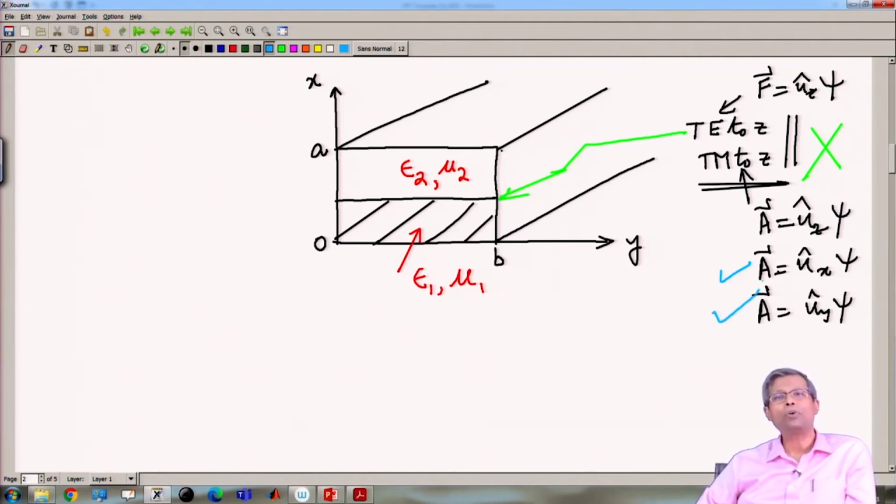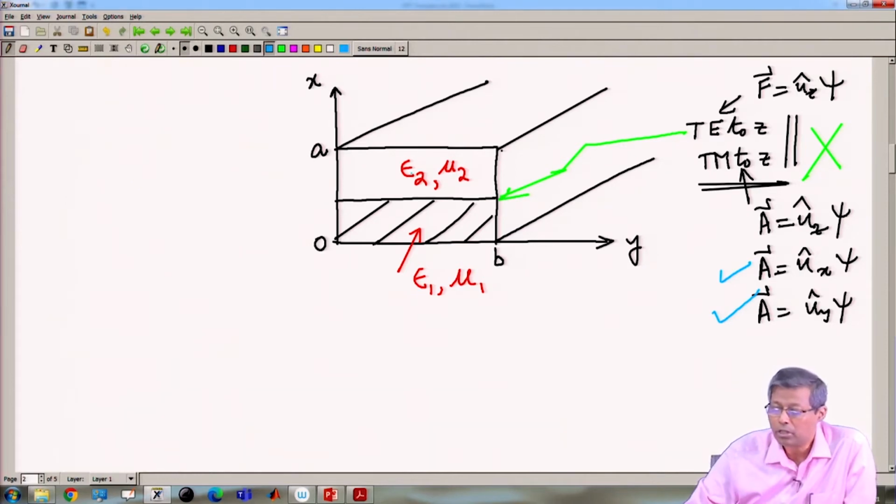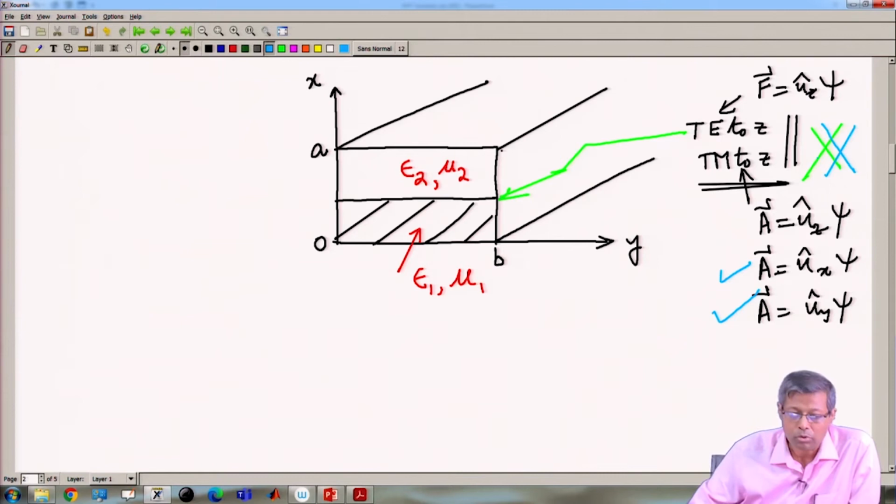And that is exactly what we are going to do. So, first of all, let us start with an alternative mode set, starting from another kind of mode set.